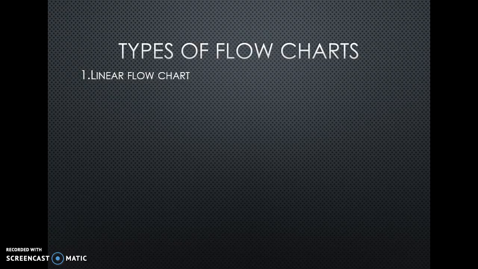Linear means in a simple format or a one by one format. It is the basic kind of flowchart that is generally used by people who are new to this kind of flowchart quality tool.